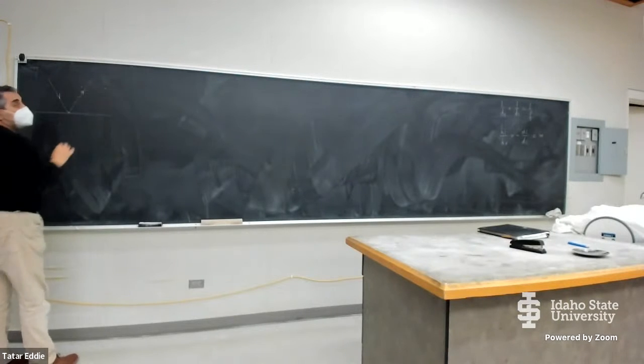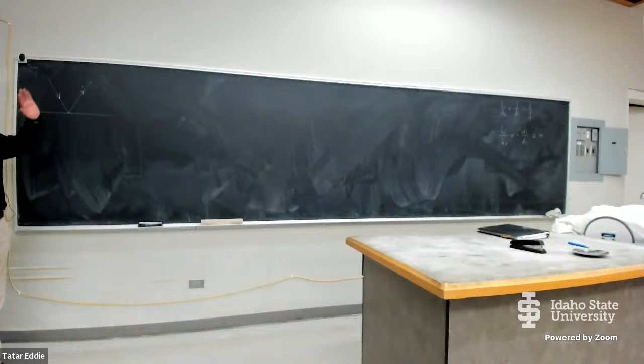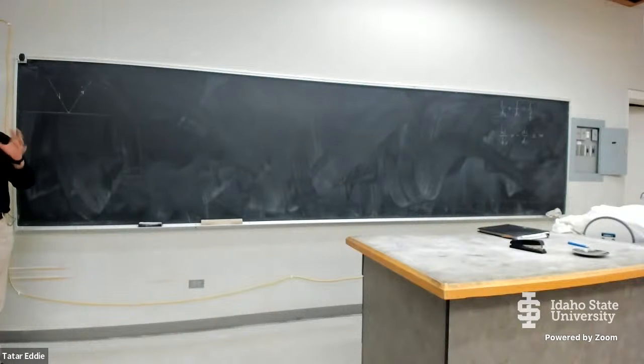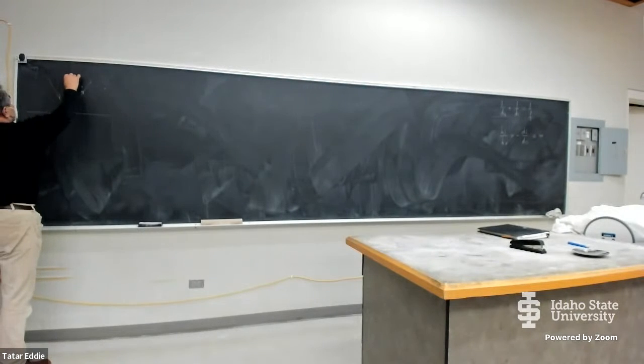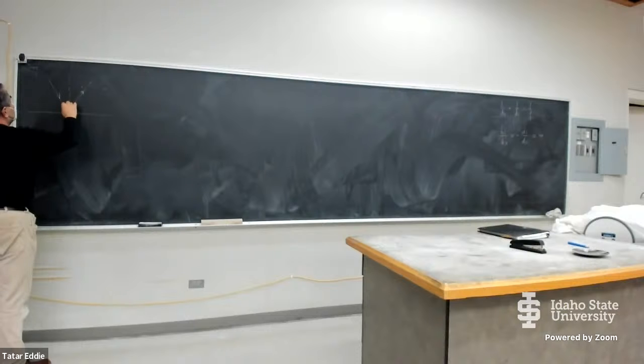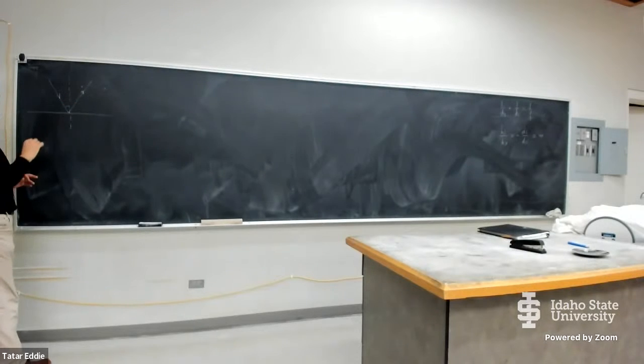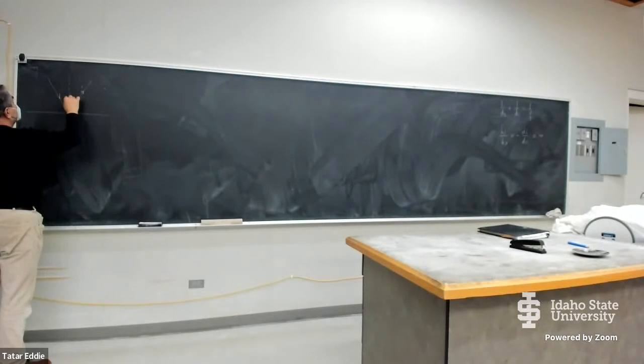And the law of reflection says that the angle of incidence is equal to the angle of reflection. And here, something that we're going to use in the following chapters: all angles in optics are measured with respect to the normal to the surface. So here is the normal to the surface right here, and this is the angle of incidence. This is the angle of reflection. They have to be equal to each other.